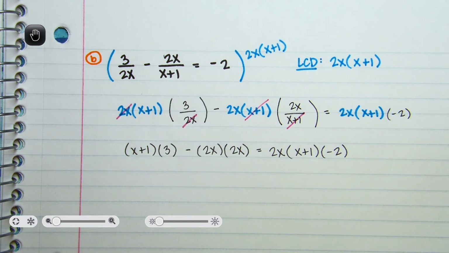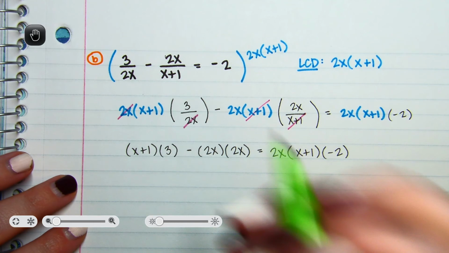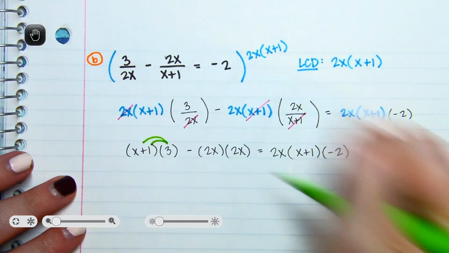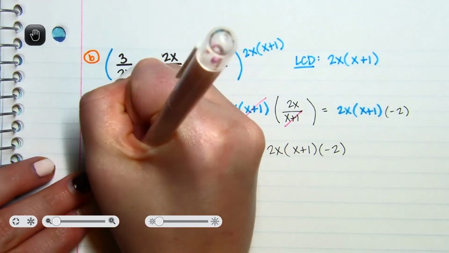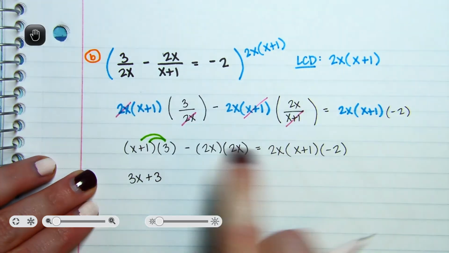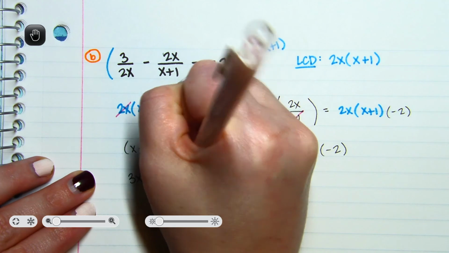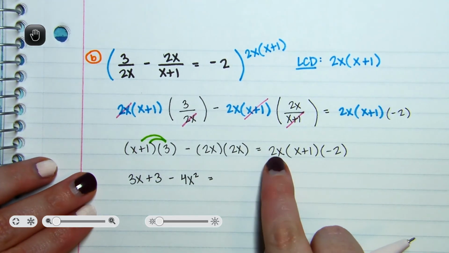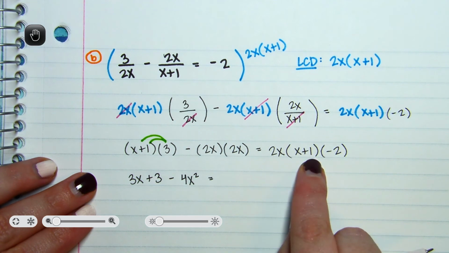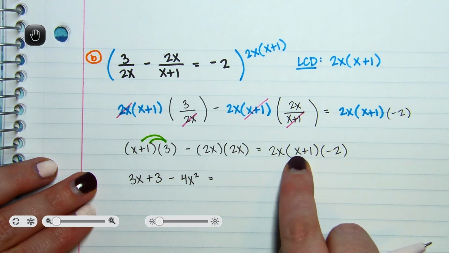Now in terms of simplifying this, you can either distribute the x and the 1 to the 3, or I just do it this way. I go backwards and distribute. I'm going to have 3x plus 3, and then this gives me negative 4x squared equals, now for here, you can either choose to distribute the 2x and then multiply it by negative 2, or distribute the negative 2 and then multiply it by 2x.